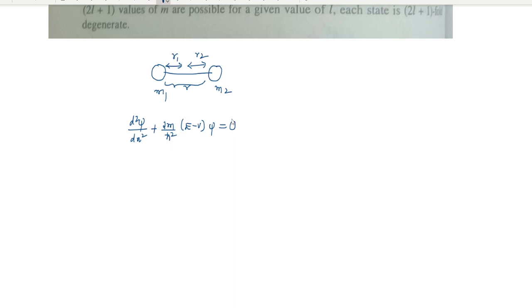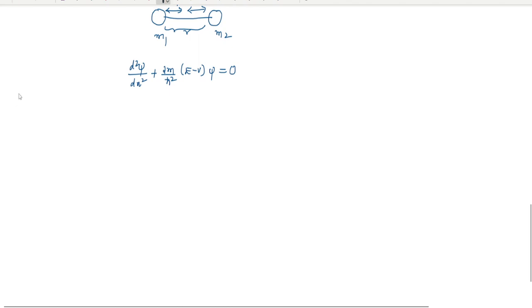So the Schrodinger wave equation in three dimensions in spherical coordinates is given by this, the Schrodinger spherical polar coordinate form.